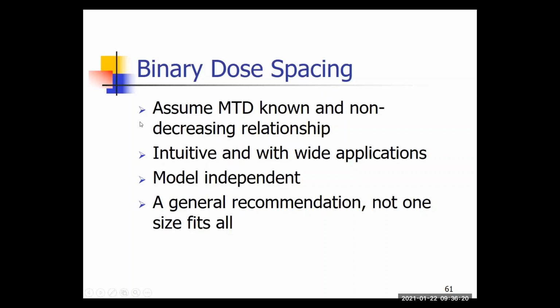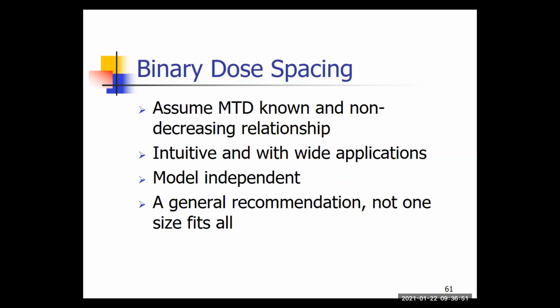So I have two assumptions. The assumption is MTD is known and there's a monotonic dose-response relationship. And this proposal is very intuitive and with wide applications. It doesn't require any models. And this is just a general recommendation. It's not one size fits all because you already have preclinical information. You already have information about drugs of the same class from other companies, things like that.